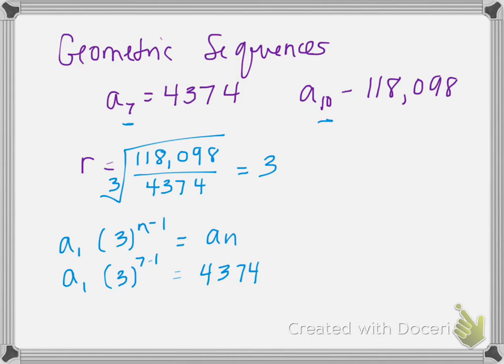And if you divide that, 3 to the 6 divided by, you get A1 is 6. So that means that your equation here would have been AN equals 6 times 3 to the n minus 1. If it wanted to know what the first term was, then you could plug a 1 in and you would get 6.